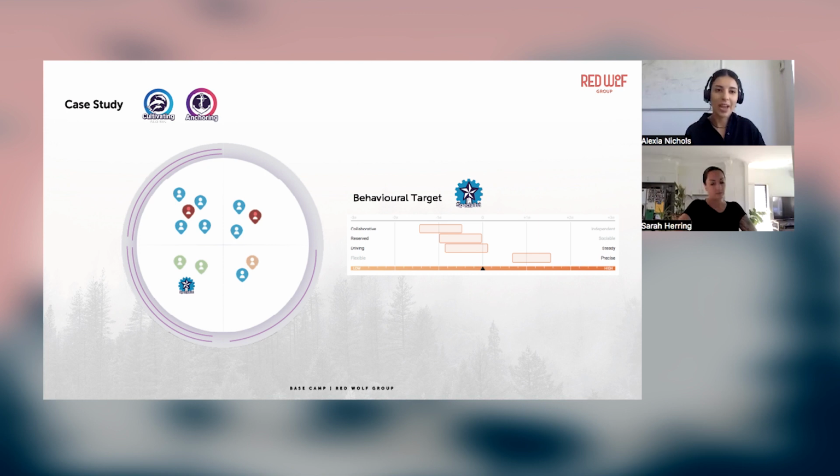So everyone should have access to the hire module and be able to create a job and actually profile it to meet the needs of the role. So when we're profiling any position, we should be thinking about the needs of the role, not necessarily what we're like in terms of our profiles or someone that we really like in the team, purely thinking about it from that role perspective.